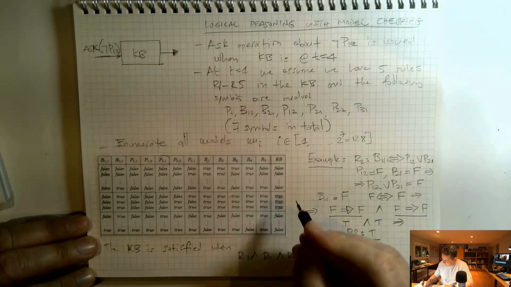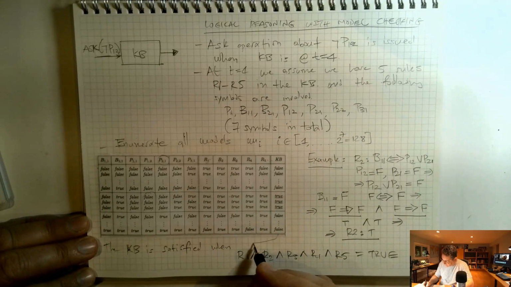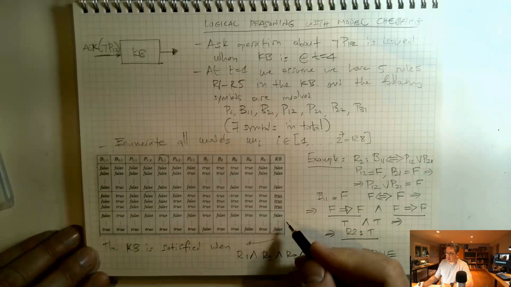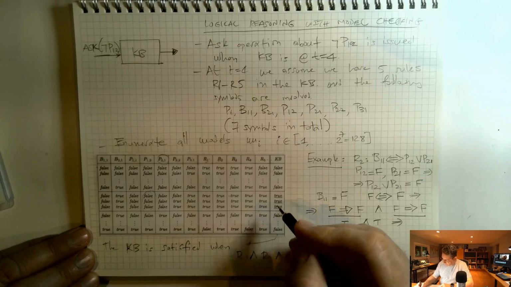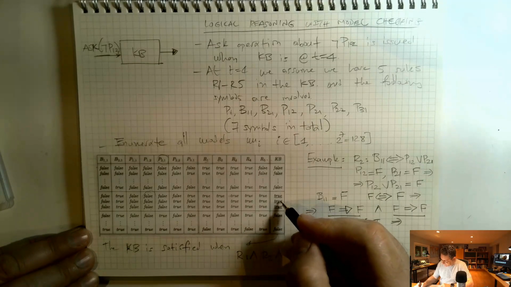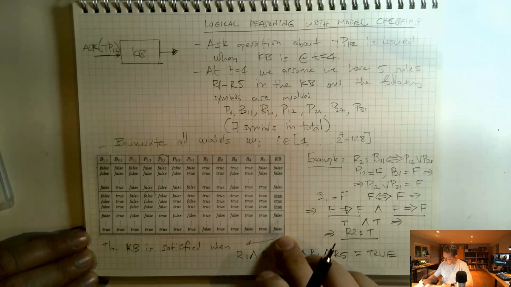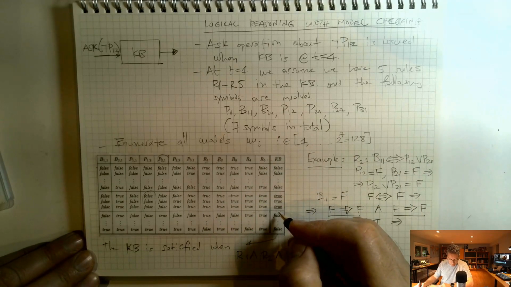And that's how we determine this column. All right, so out of the 128 models, we only have 3 models that satisfy the knowledge base.